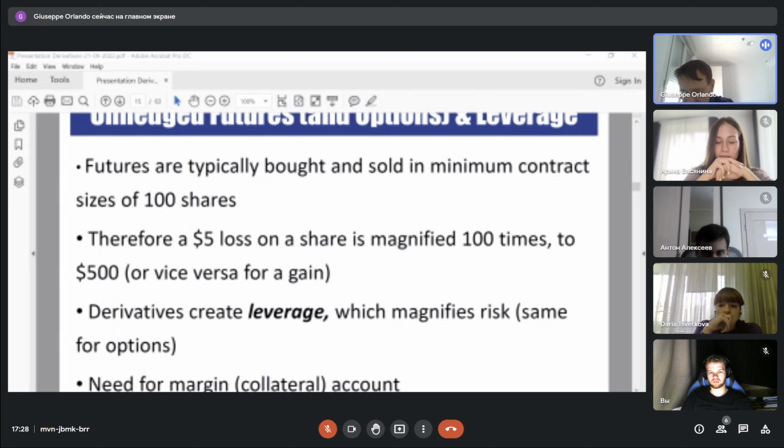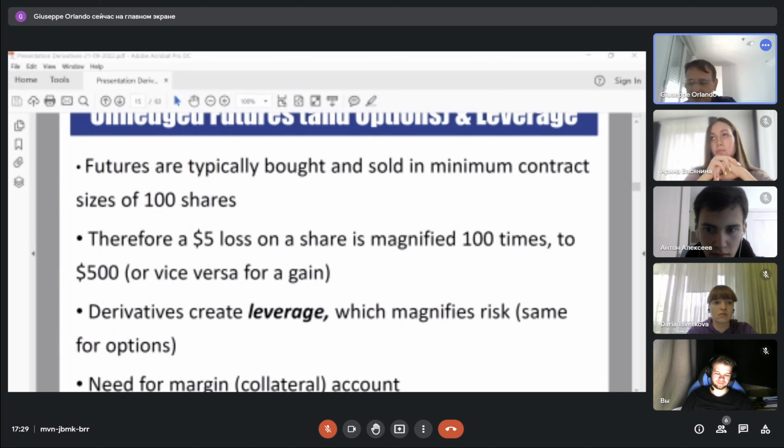In reality, what you earn or what you lose is not based on the value of a single security, but on the value of a given amount of securities. For example, a derivative could be based on the price of that security times 100, times 1000, times 300. That is called the leverage.